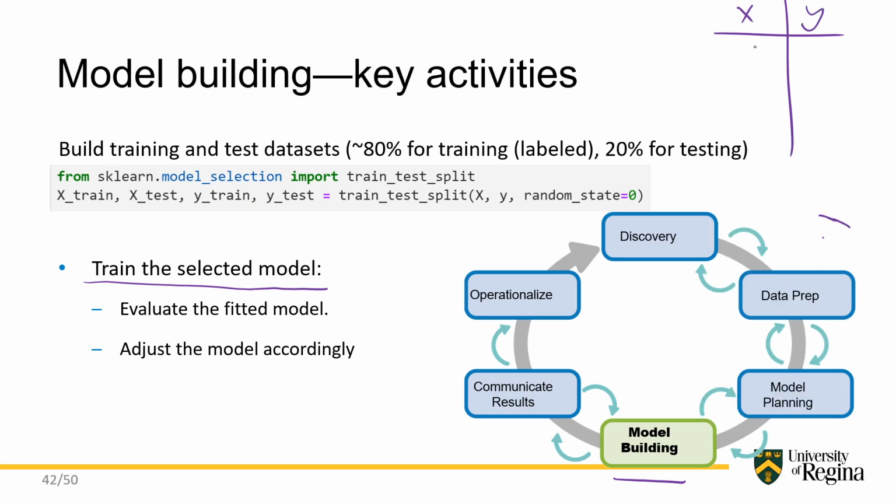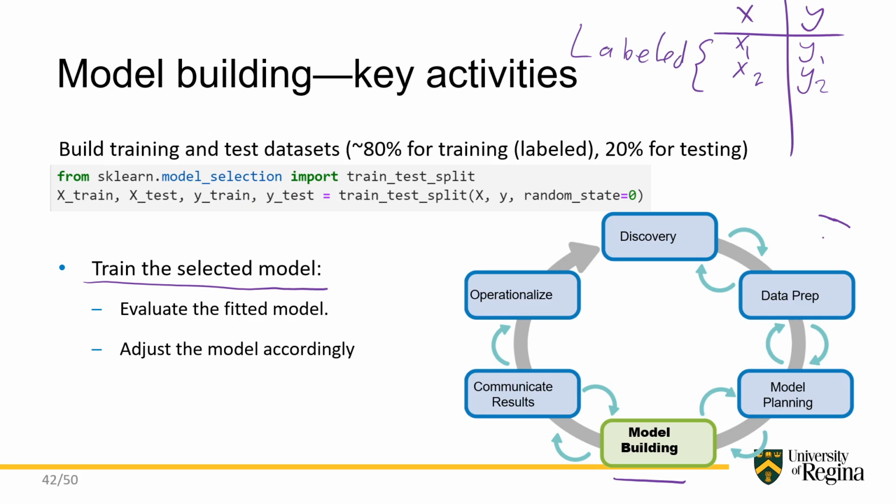Imagine I know that if I give x1 to my model, I'm going to get y1. If I give x2, I'm going to get y2. So these are labeled examples.